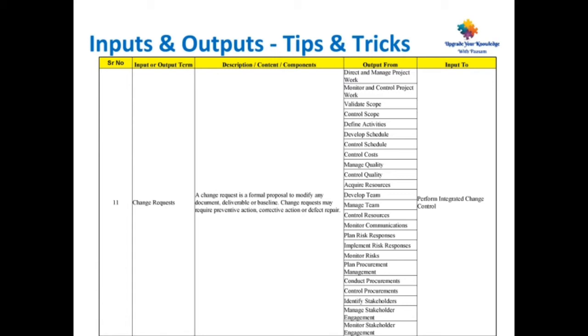Change request comes as output from various sources like direct and manage project work, monitor and control project work, validate scope, control scope, define activities, develop schedule, control cost, manage quality, control quality, acquire resources, develop team, manage team, control resources, monitor risk, plan procurement management, conduct procurements, control procurements, identify stakeholders, manage stakeholders, monitor stakeholders.